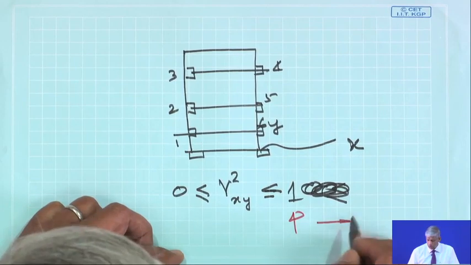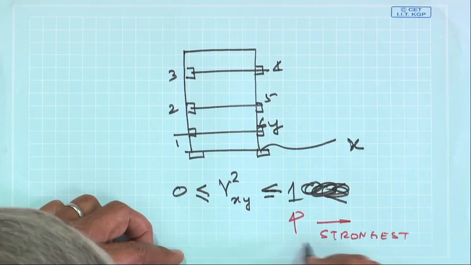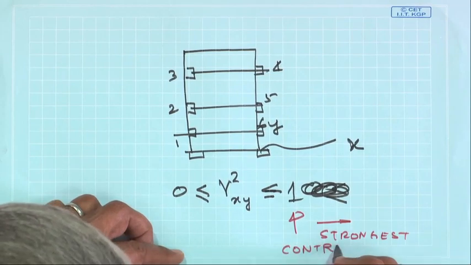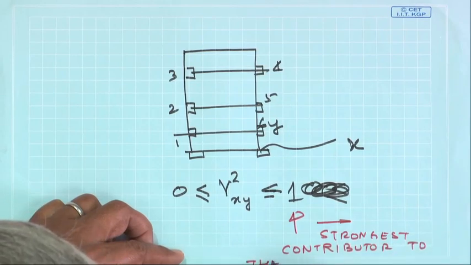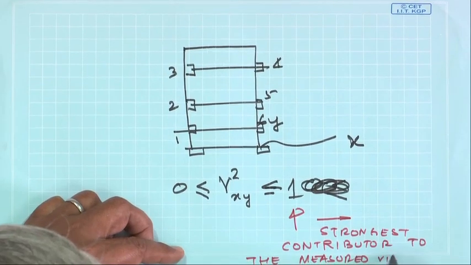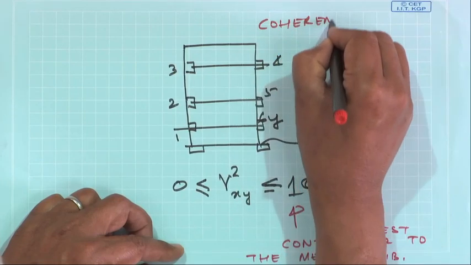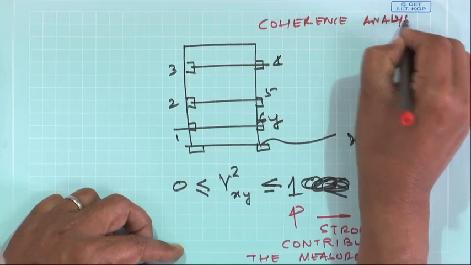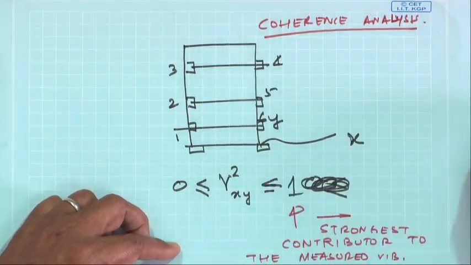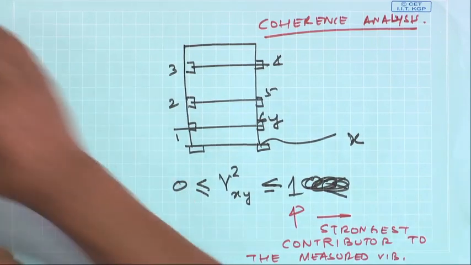So, you can find out the strongest contributor to the measured vibration by what is known as coherence analysis. Okay. And such analysis people do follow in condition monitoring.